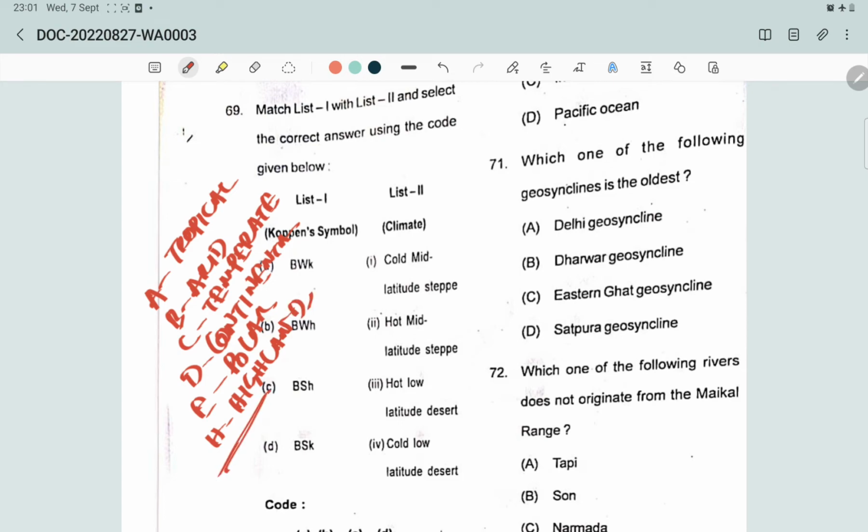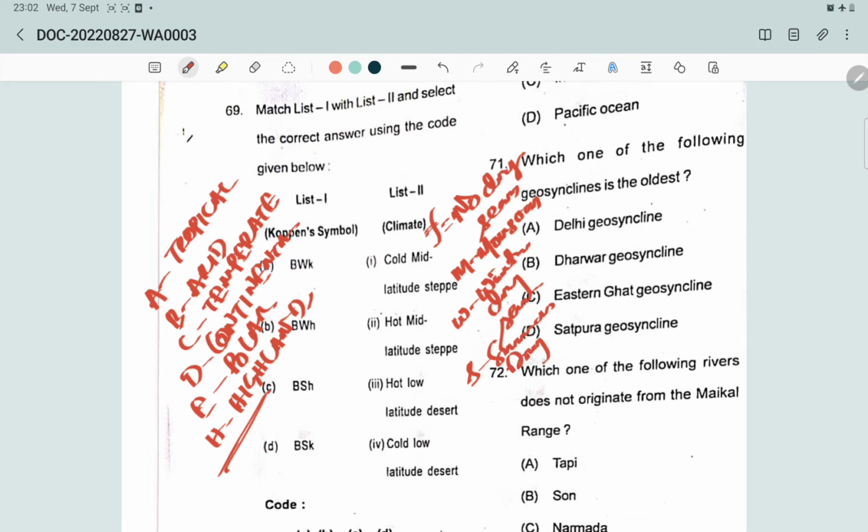And the seasons of dryness are indicated by the small letters, that is F, M, W, S. F denotes no dry season, M denotes a monsoon climate, W denotes the winter dry season, and S denotes the summer dry season.